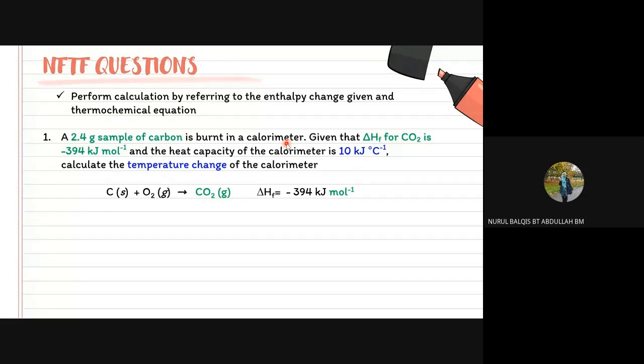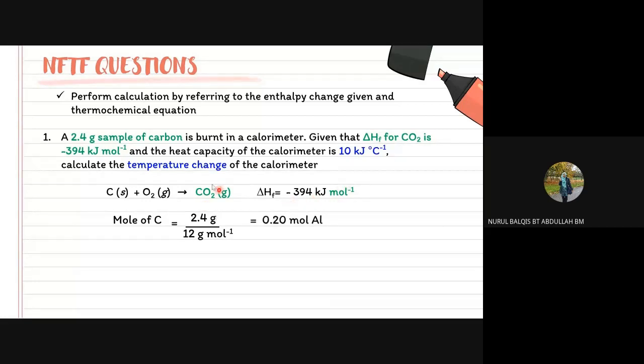But then you have information about 1 mole of carbon dioxide being formed. The carbon dioxide being formed will rely only on the 2.4 gram of sample of carbon. So somehow we must first find how many moles will give that amount. So we find the number of moles for carbon first.